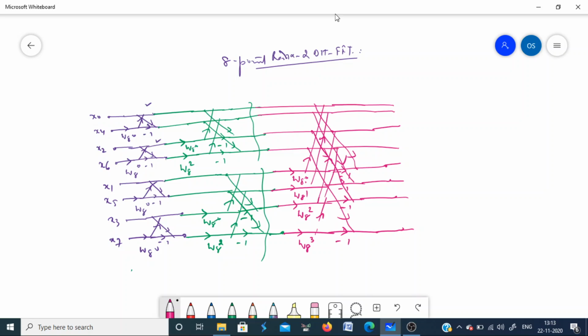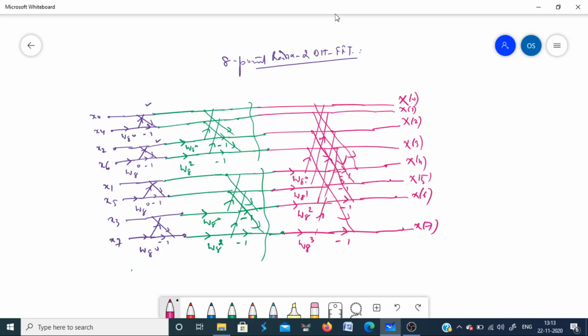So your output is in the same order. You will get this as x0, this will be x1, x2, 3, 4, 5, x6 and x7. So this is the flowchart of the radix-2 decimation in time FFT algorithm.